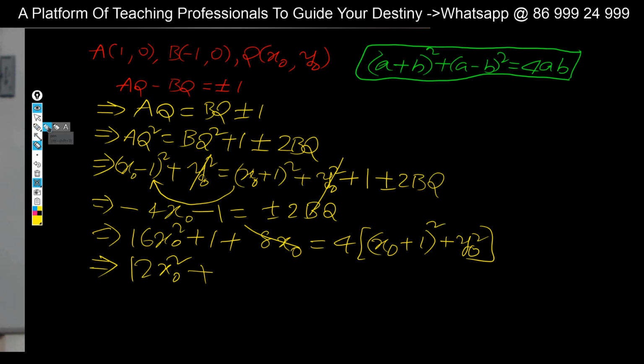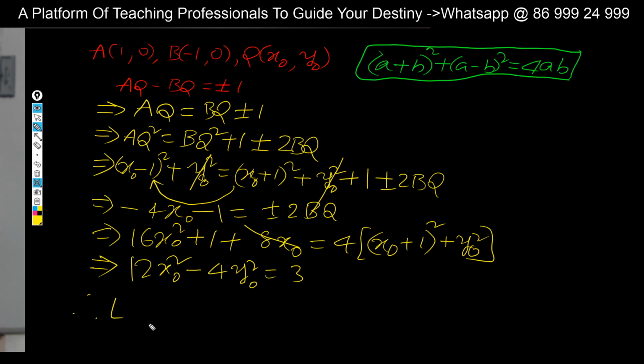So what is that now? 4x0 square simplified. This is plus 4 minus 1, and 4y0 square brought to this side becomes minus 4y0 square is equal to 3.